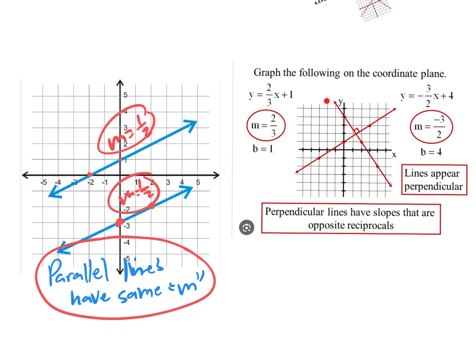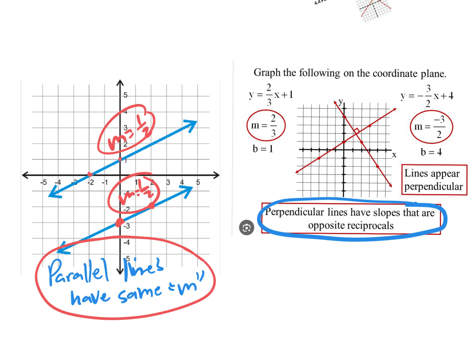So that's this equation right here. And if you compare the slopes, this one's positive 2/3, this one's negative 3/2. So these lines are perpendicular, and perpendicular lines have slopes that are opposite reciprocal slopes. Opposite reciprocal. This is what we need to know for perpendicular lines. Opposite reciprocal slopes. Okay? So parallel lines have the same slope. Perpendicular lines have opposite reciprocal slopes.